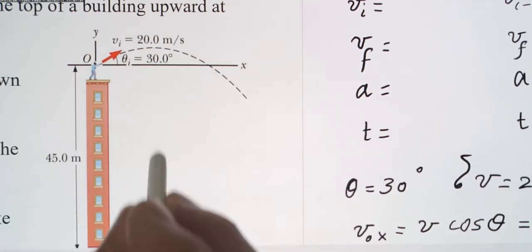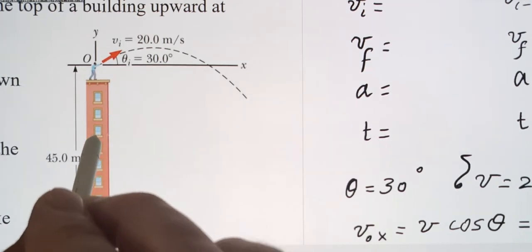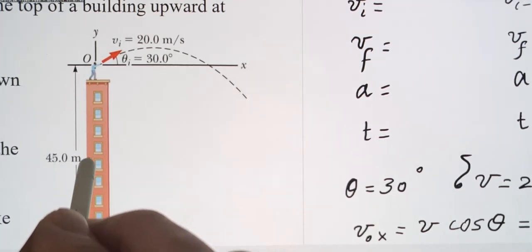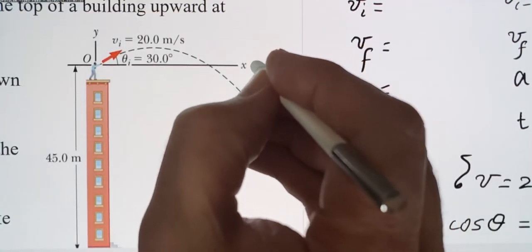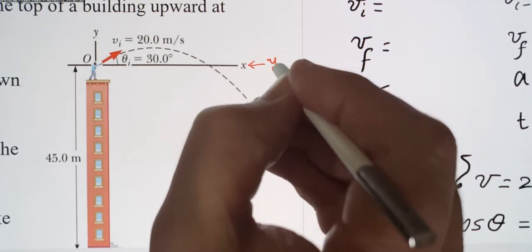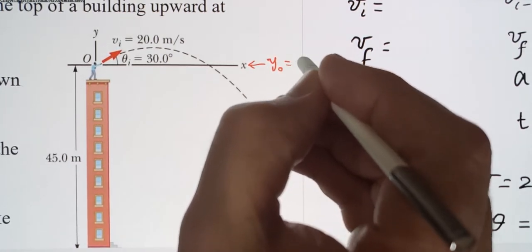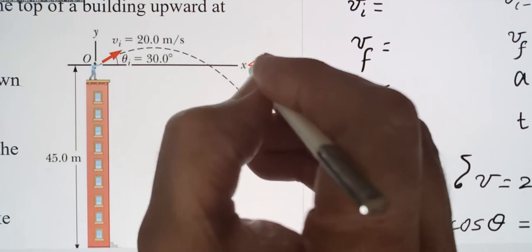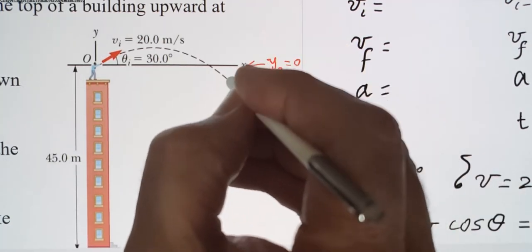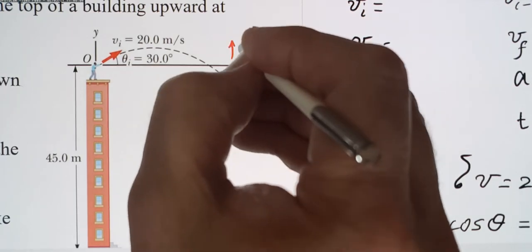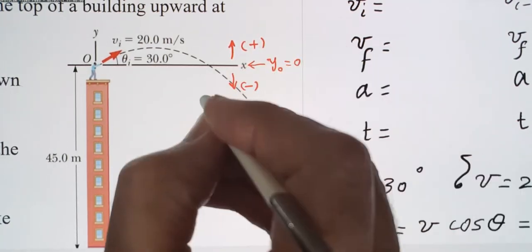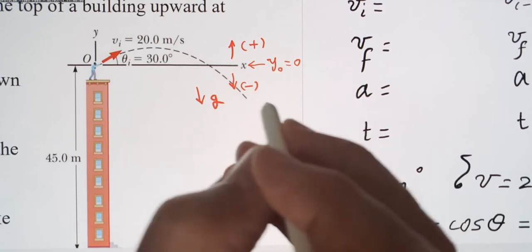This example, exactly this example, we solved it in the free fall problem. So this is my y node equal 0 here at this point. Down negative, up positive, and always g is pointing down.